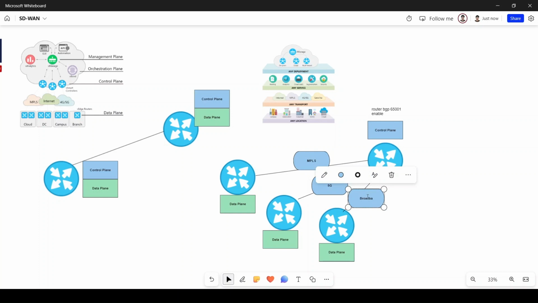Now, this is beneficial, to begin with, in terms of cost effectiveness, right? You don't have to pay for MPLS service for every single link. Because you can control the link quality and you have end-to-end visibility and monitoring, you can make sure that your connection is uninterrupted and reliable, right?